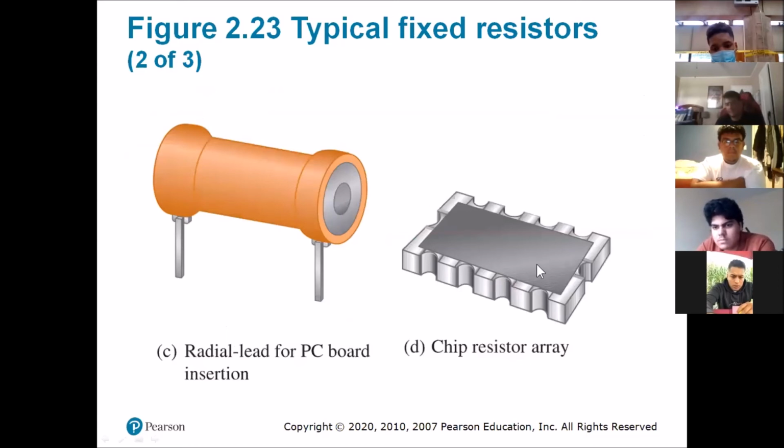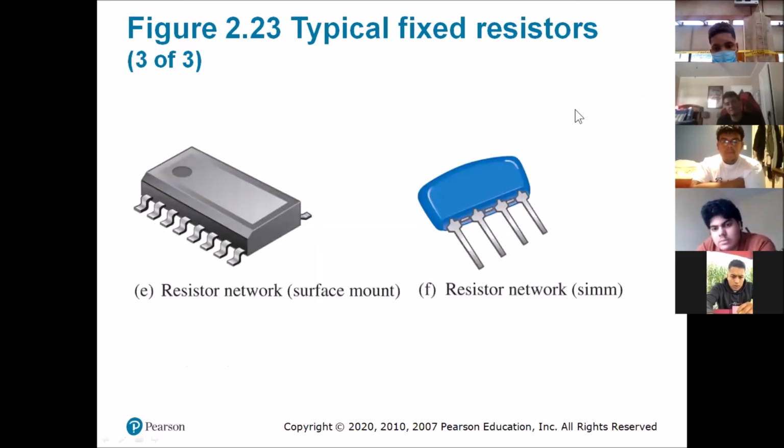We could also put multiple resistors inside of one package. So this is called a chip resistor array.